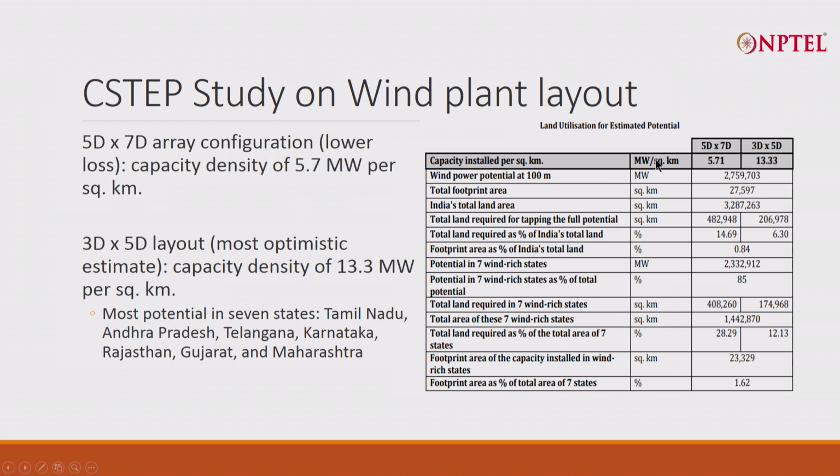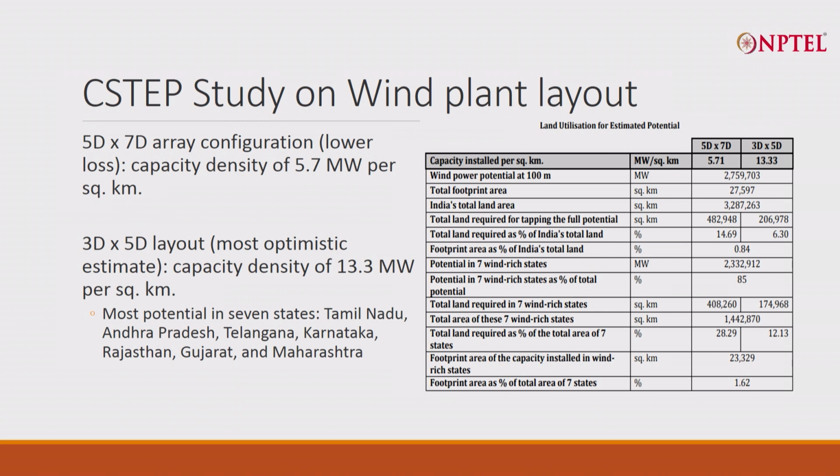So, with this configuration and wind power at 100 meters, you can actually calculate in different areas the possible power produced in the whole of India. You convert it into windmills at either 3D, 5D or 5D, 7D, leaving out the urban areas.